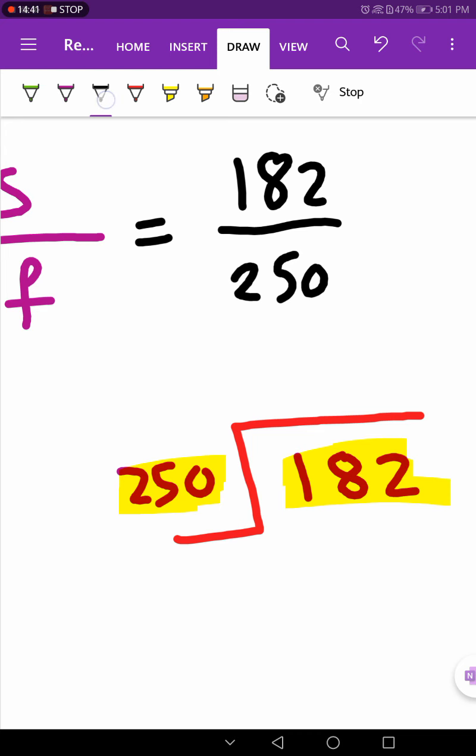We cannot. So we have 0 point and add 0. 250 in 1,800. It is 7? No, it's 4? 4 gives 1,000. 6 gives 1,500. So it's 6. Okay, let us try 6. 6 by 0 equals 0. 6 by 5 equals 30.